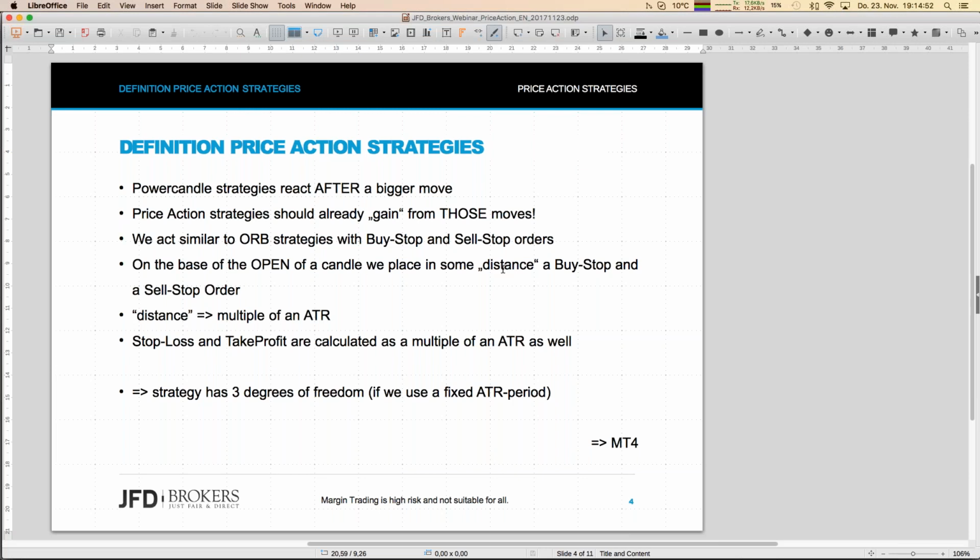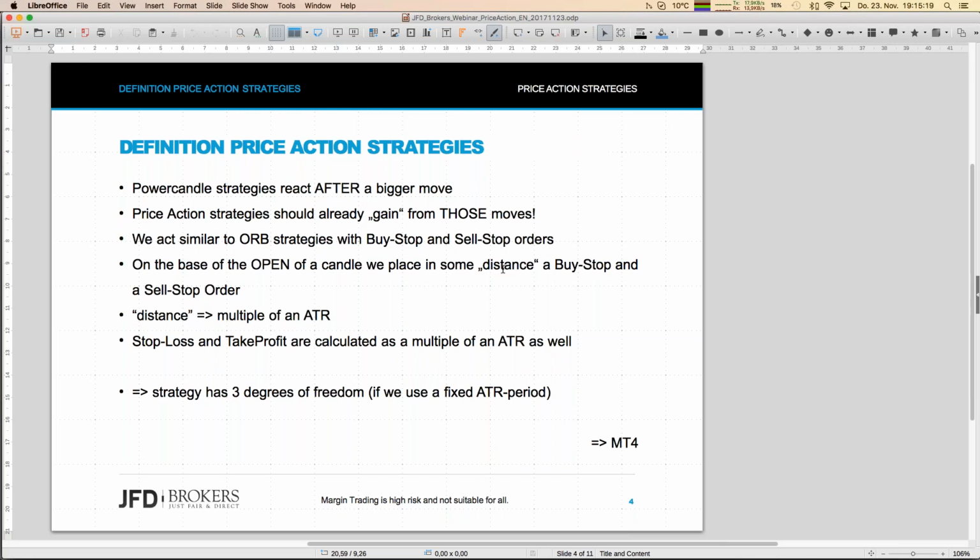In principle, you might think about a fourth degree of freedom or parameter here as well, and that is how to define the ATR. So we need an ATR period, but in this case, I simply use fixed periods for specific time frames. When I go here for D1, it will be an ATR of 22, which represents exactly 1 month.